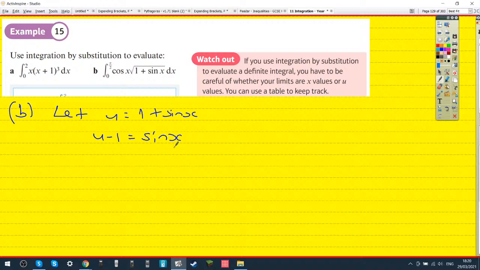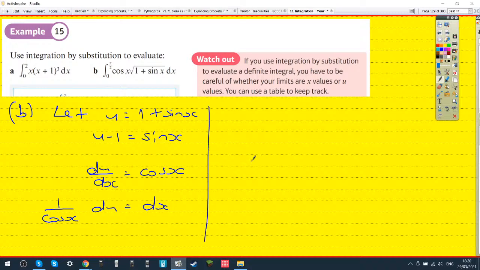Along with that, do I need to differentiate du dx to get just cos x? Yeah. Okay, and so now if I do du over cos x equals dx, or even 1 over cos x times du is equal to dx.